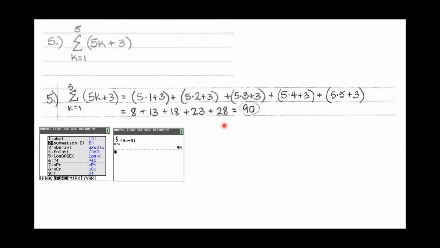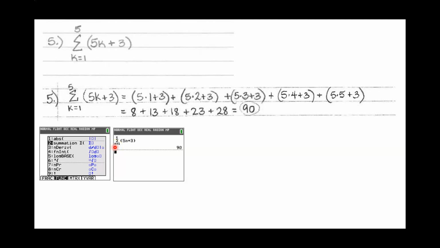Now, you also can do summations on your calculator. So again, I'm going to go to the same place we did just a moment ago. I'm going to do alpha window, and number 2 there is my sigma. So if I choose number 2, it literally is going to put sigma notation on my calculator, and it gives me a little block down here to put any variable I want.